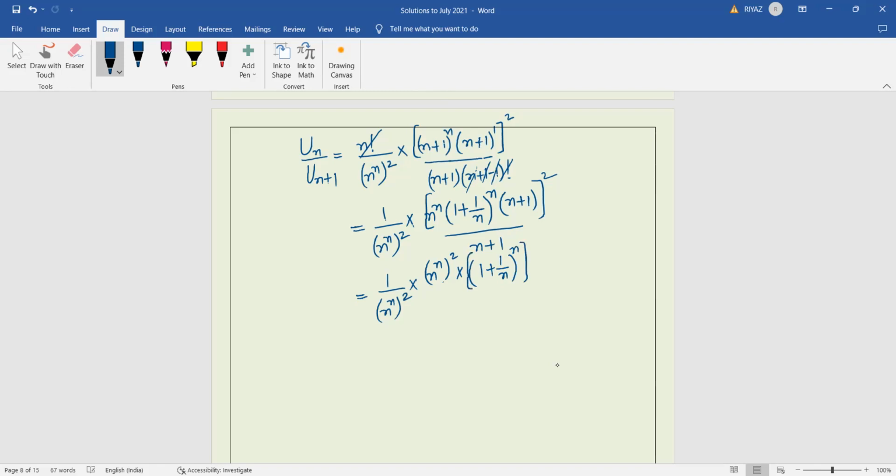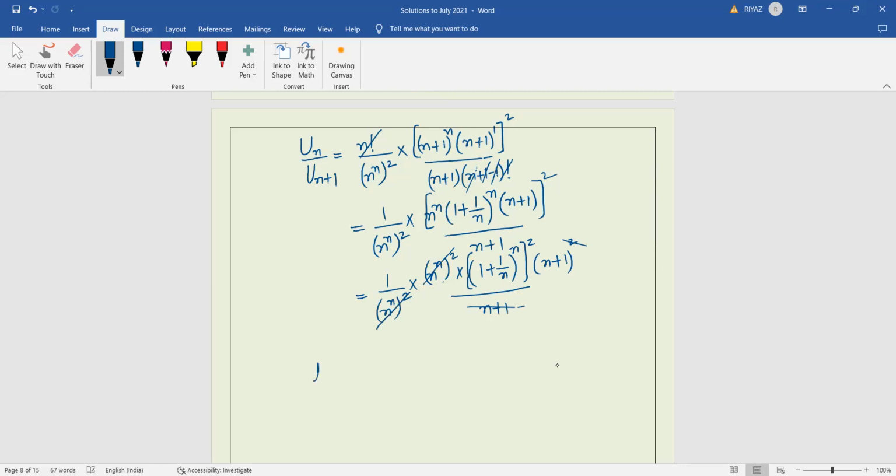This also whole square, and then n plus 1 whole square divided by n plus 1 only is left. So from here the square term and the denominator n power n whole square cancel.